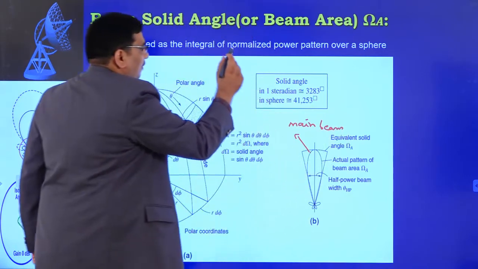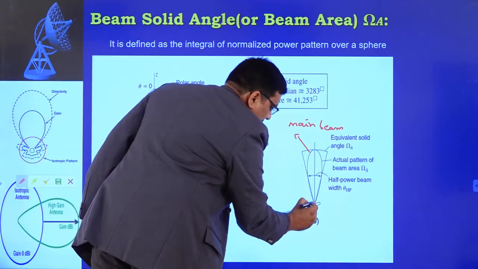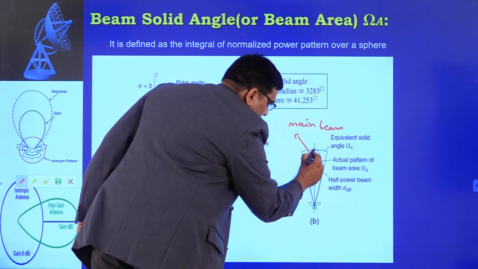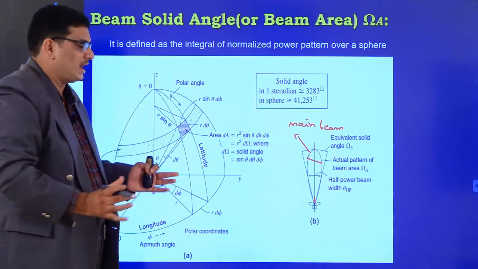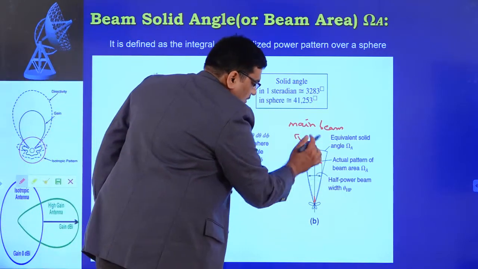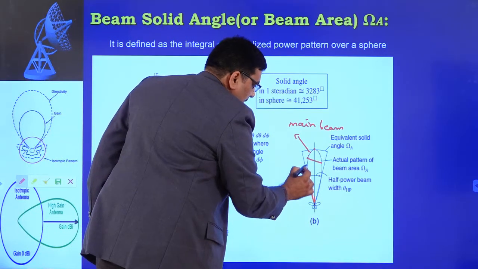So, for the beam area, this entire area from here to here is called the total beam area. This is where we have to find our beam area.